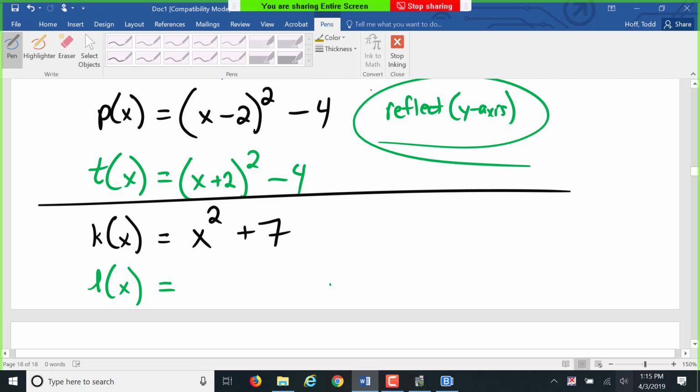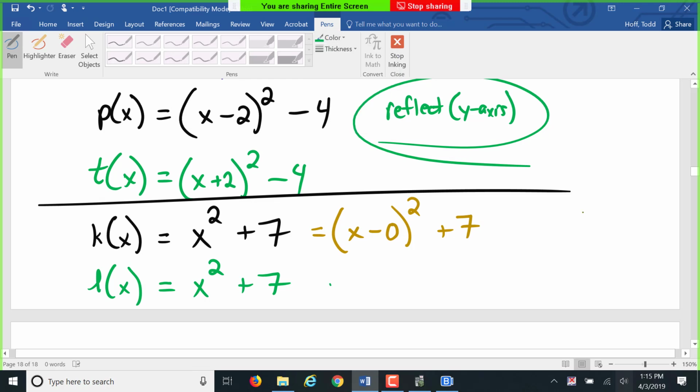What are your thoughts? Exactly. We can think of this as being (x minus 0) squared plus 7, right? Well, x minus 0 and x plus 0 are the same thing. It's just x. So reflected about the y-axis, that is still itself.